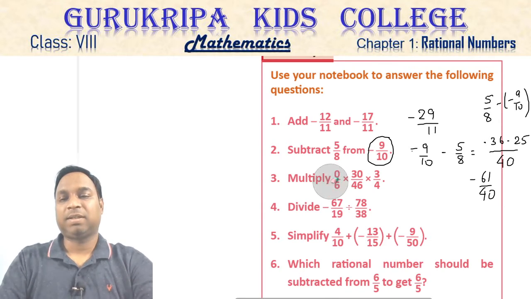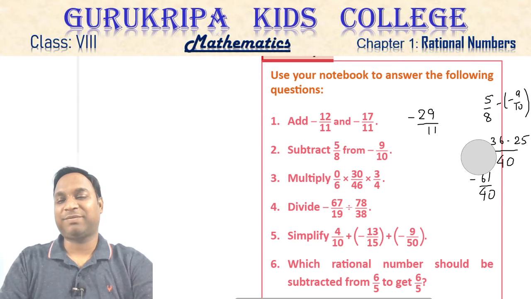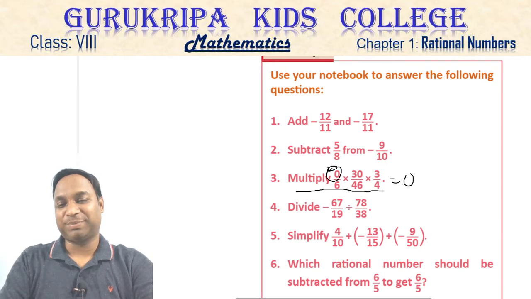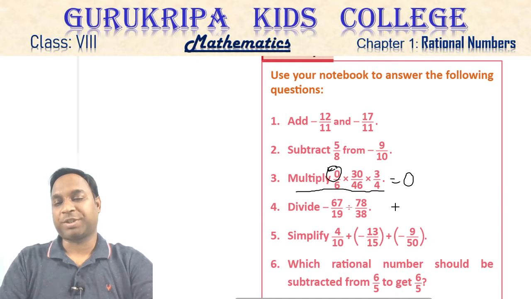Okay. Third question. What's the answer of third question? In fact, this is the simplest question. Question number 3. You have to multiply so many numbers and there is a 0. If at all there is a 0 in the number, the answer is always 0. Fourth question is divide minus 67 divided by 19 by 78 divided by 38.